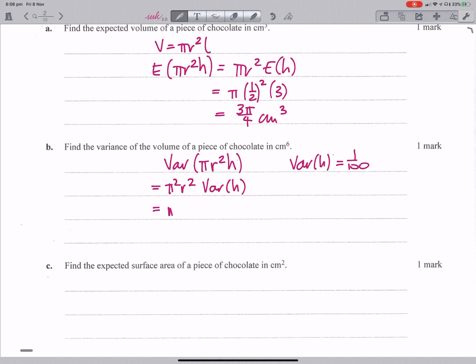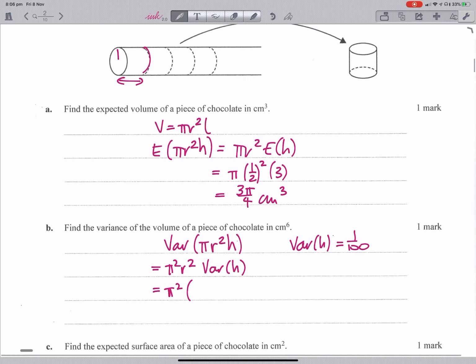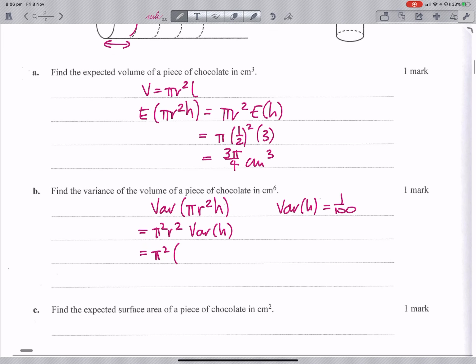So we get pi squared r, what the hell is r, half. Oh, that should be out of the 4, because I've got to square it when I take it out. So 1 on 16. The variance of h is 1 on 100, which is pi squared on 1600 centimeters to the 6.